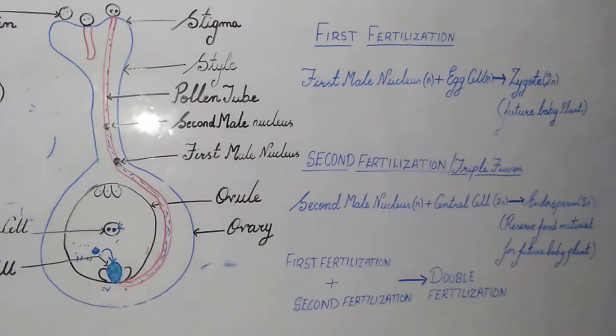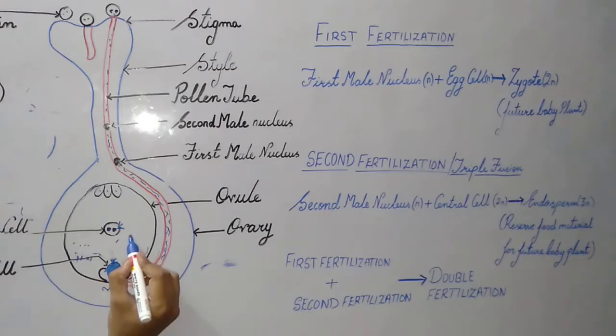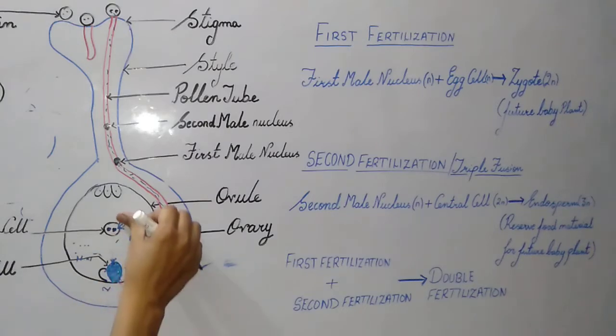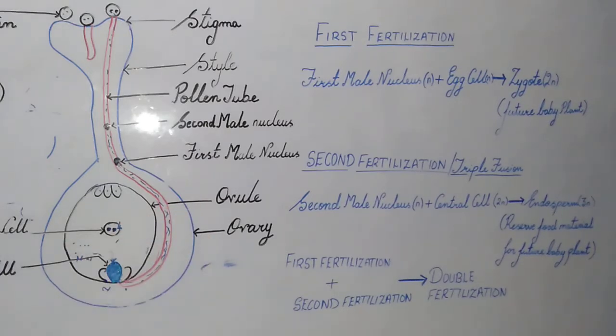This is called first fertilization, and the result is zygote, the future baby plant. Then what happens after this is converted into zygote? Second male nucleus comes inside, and it fuses with the central cell to form endosperm. Now this endosperm is the reserve food material for this baby plant.